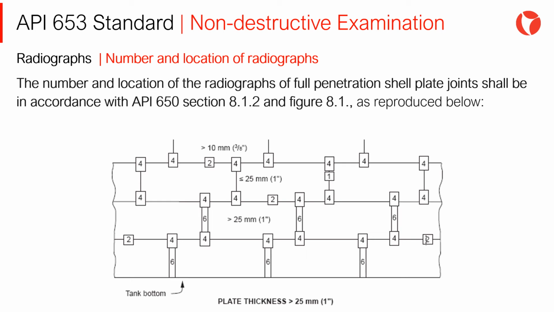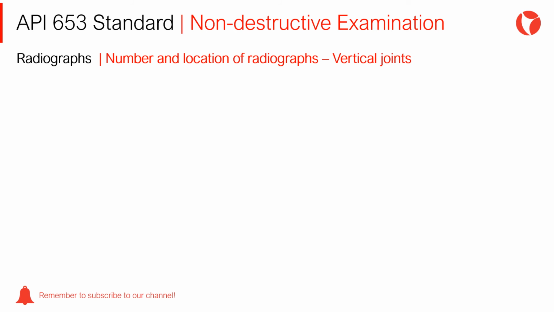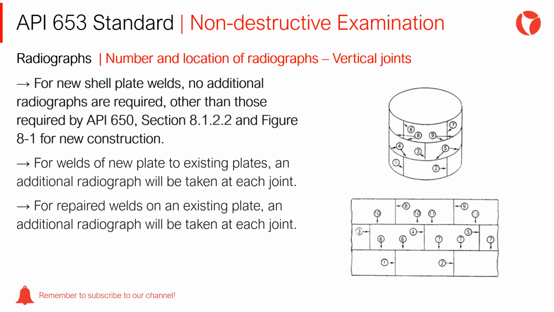The number and location of radiographs of full penetration shell plate joints shall be in accordance with API 650 section 8.1.2 and figure 8.1 as reproduced below. Regarding vertical joints, for new shell plate welds, no additional radiographs are required, other than those required by API 650, section 8.1.2.2 and figure 8.1 for new construction.